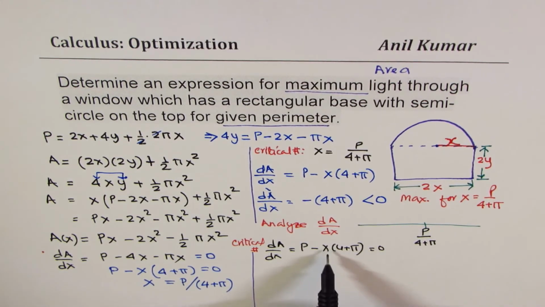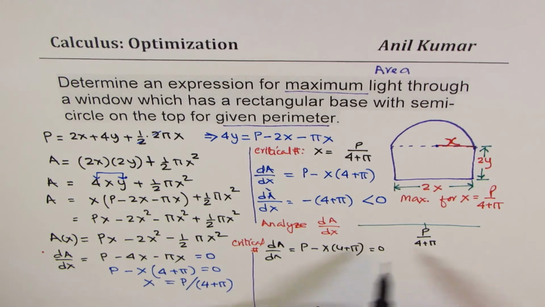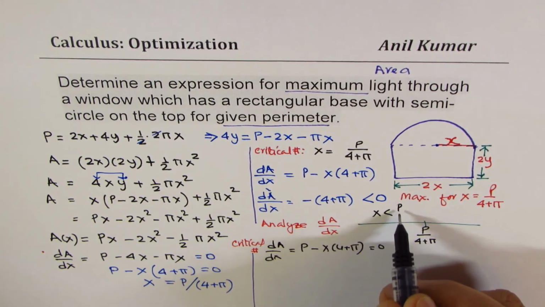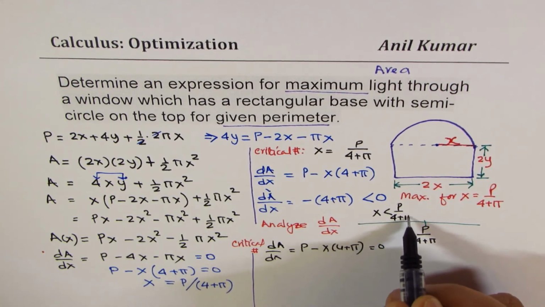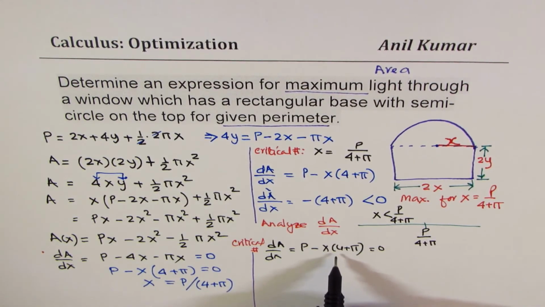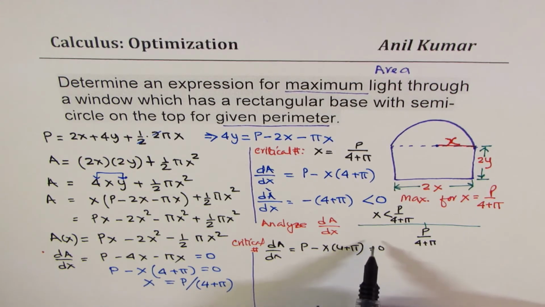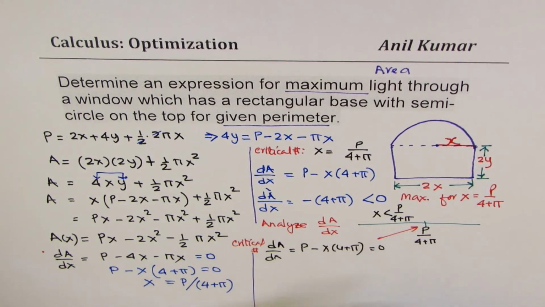If I take a value of x less than p over 4 plus pi, in that case we get a higher value, right? If this is less than this, then p is bigger, correct? So this is a higher value, and we get a positive answer.